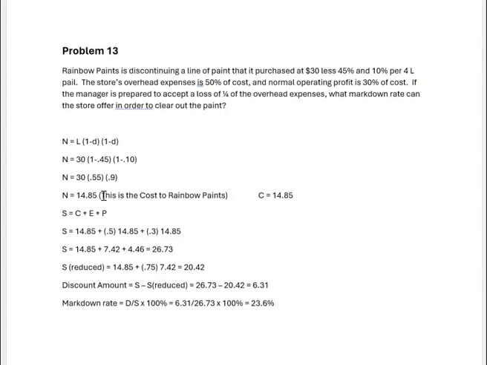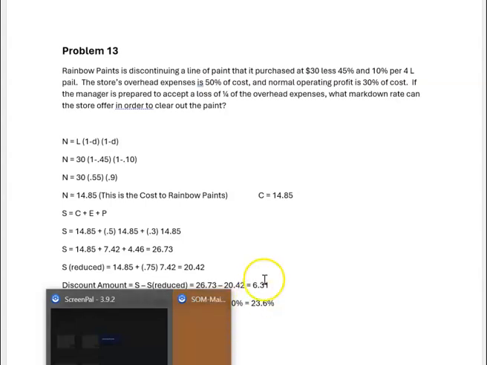So my supplier gave me that price. Okay, so my net price that I have to pay my supplier is $14.85. Well, my net price is the exact same thing as my cost, okay? So translated over into the equations we're working on right now, our cost is $14.85.